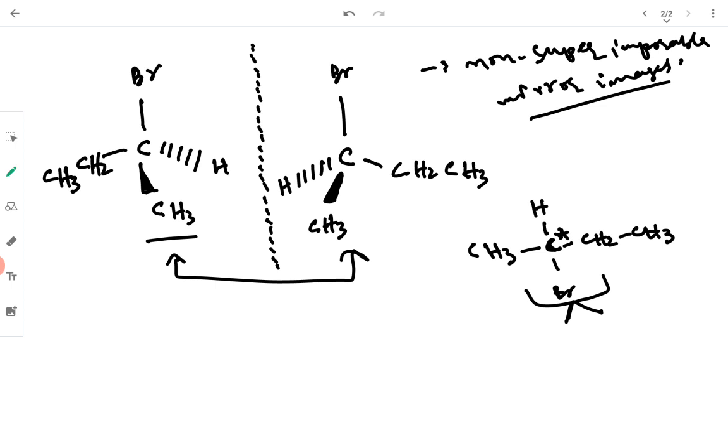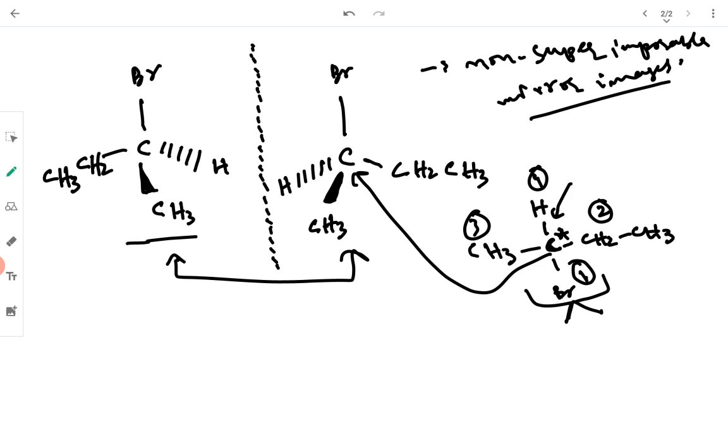This is the central carbon, the same carbon that we are discussing here. So these four groups, 1, 2, 3 and 4, have two kinds of arrangements around this central carbon. One kind of arrangement is shown here and another kind is shown here.